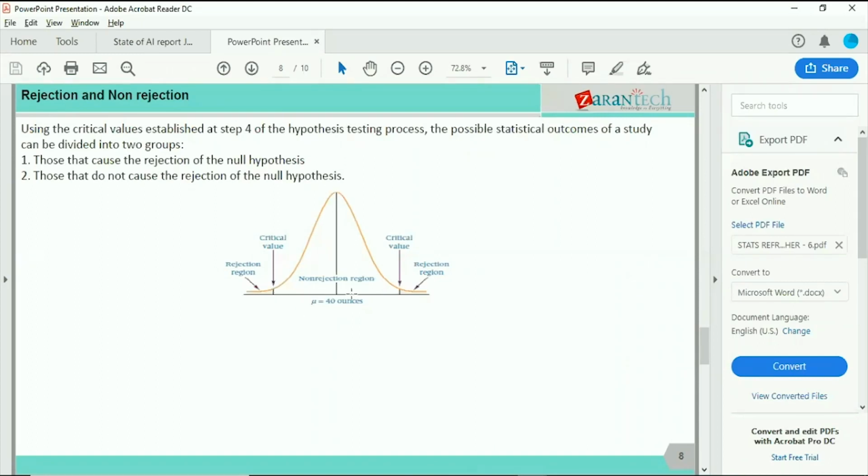The region inside it means a non-rejection area. The region beyond it is a rejection area. And this value, which we usually use as 1.65 or 1.95, those are the critical values. In layman's terms, it is a threshold, which we are saying if it goes beyond 1.65, it is not in our reach.